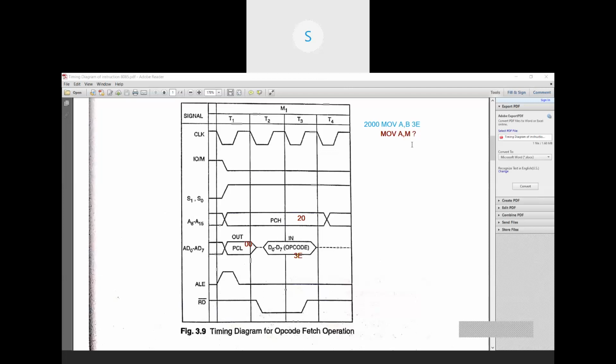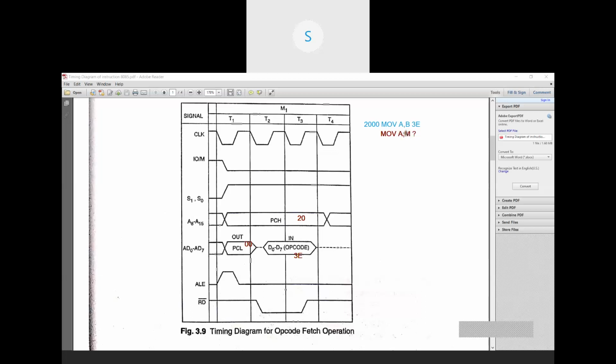Okay, if I look into the instruction MOV A comma M, what is the operation behind this instruction? It is copying some data from a memory location to the accumulator. So memory is involved here.